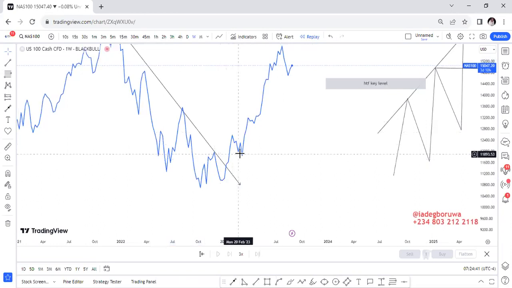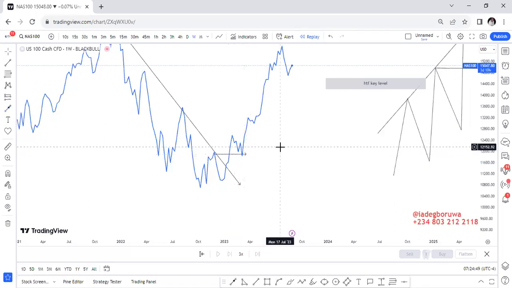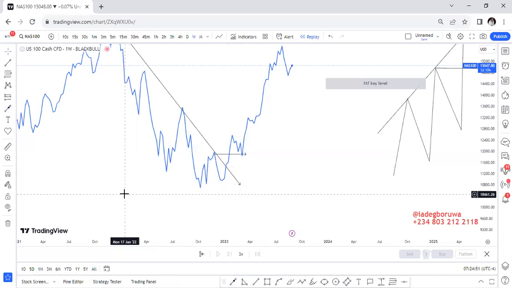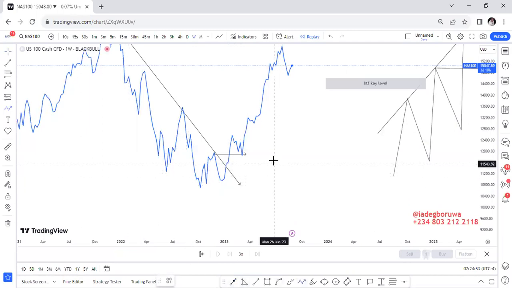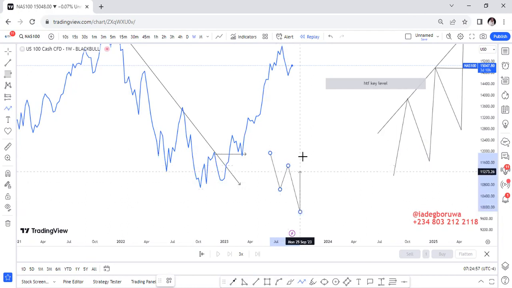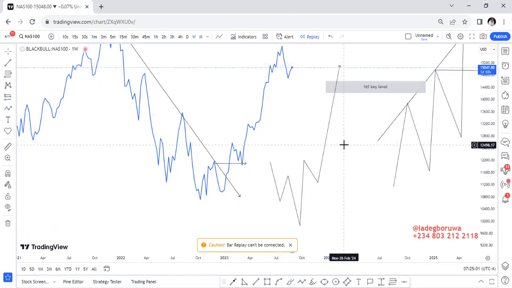Showing it to you, this is another style. Regular trend line. Can you see it? So that's the chart there. Come back to it then. You see, it gives you a good distance.